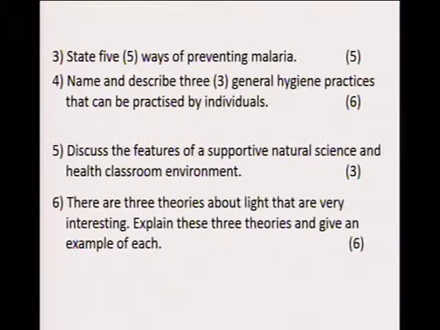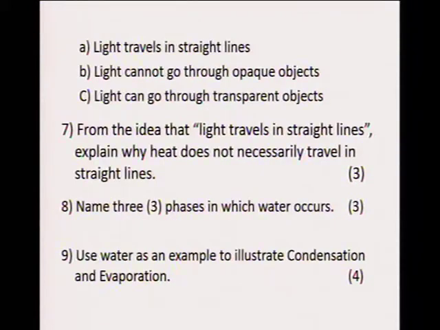When you are explaining, as requested, you have to explain the theories individually and give an example of each theory. The theories are already given, like light travels in a straight line, so explain it and give an example. And light cannot go through objects, so you have to explain that theory as well and give an example.